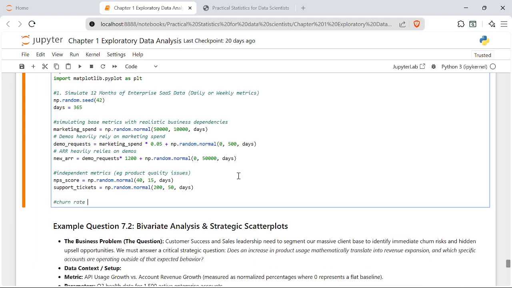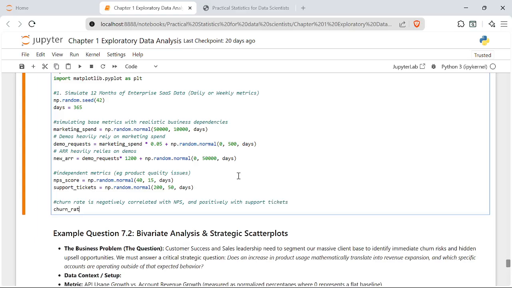Churn rate is negatively correlated with NPS and positively correlated with support tickets.